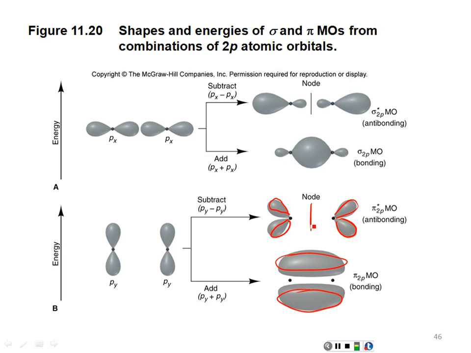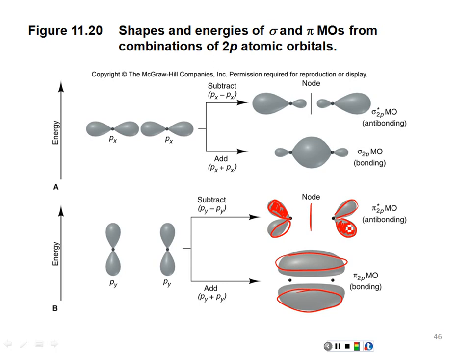You have a node between the two nuclei, and you can also show this with pluses and minuses, where the lobes don't line up. You can show them as pluses and minuses, or you can use color: one lobe colored in solid, matching up with the lobe that's not colored in, and then the same on the bottom, to show that they're not aligning correctly to form a bond.